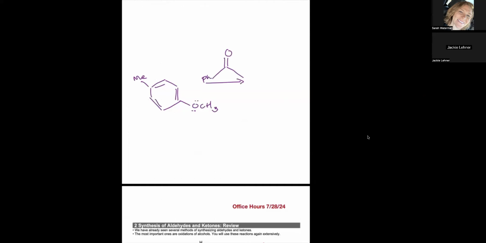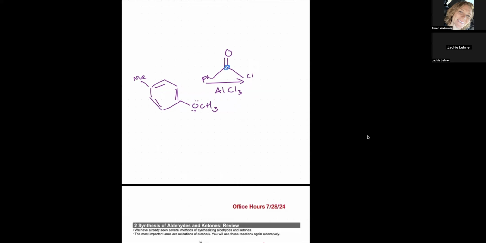Let me see. So Cl is going to be the group that comes off, right? So this is a Friedel-Crafts acylation. You're basically just determining where this will go, and what you're going to be adding to is right here.